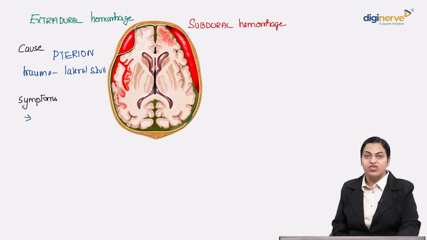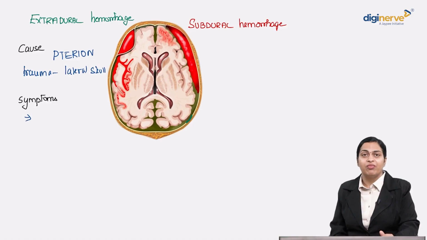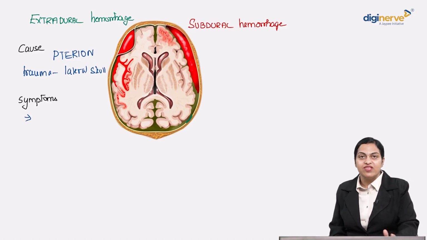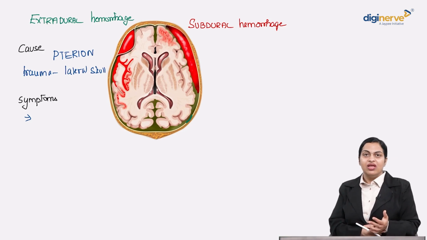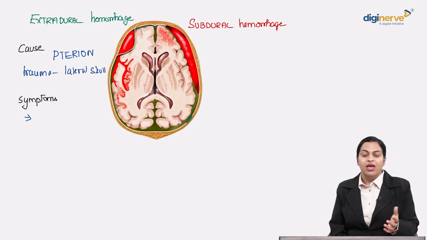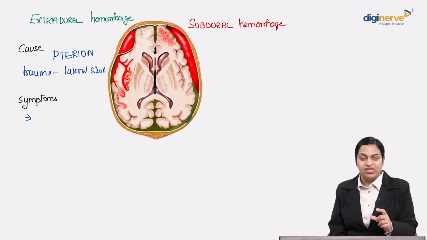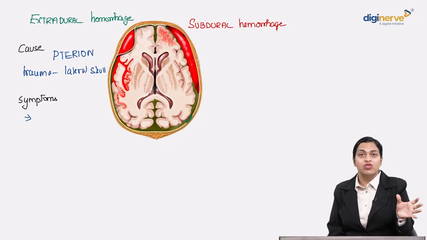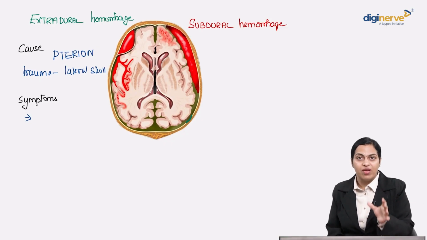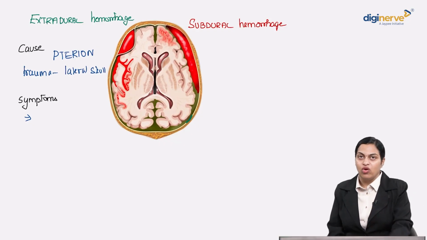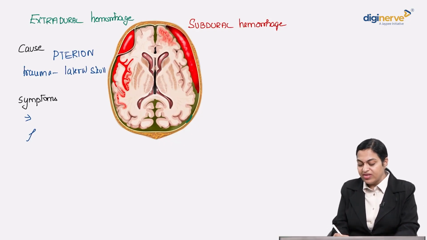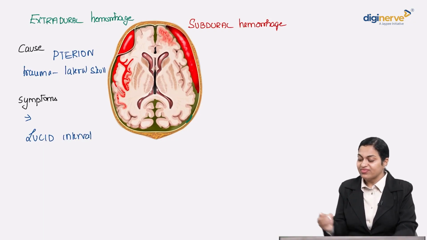And the symptoms, just now I told, right, it can manifest from headache and then vomiting and signs of other intracranial tension, unconsciousness and all that. But here in extradural hemorrhage, the patient remains asymptomatic. He looks normal for some time and then goes to unconsciousness. This period is described as lucid interval.